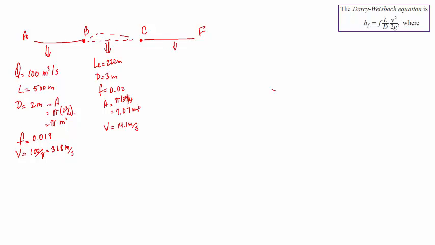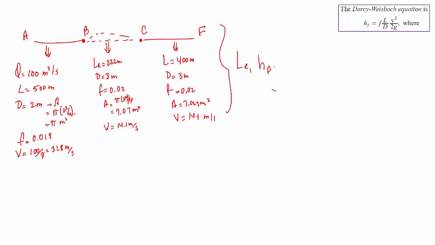Then for this segment, the length is 400 meters, the diameter is 3 meters, f is 0.02, so therefore the area is 7.069, and then the velocity is the same, 14.1 meters per second. So now we're going to calculate an equivalent length and the total head loss.